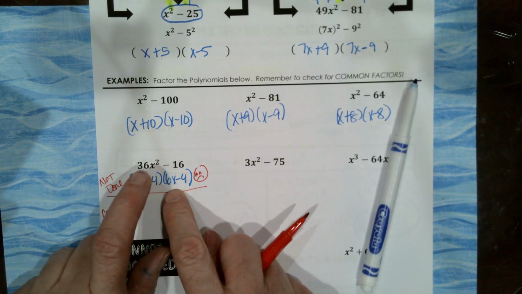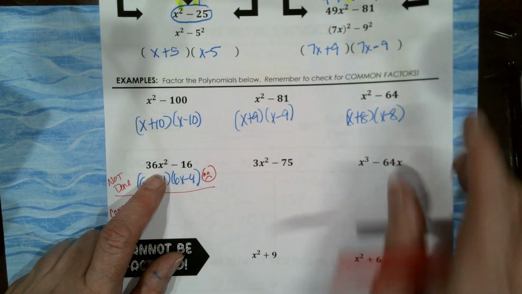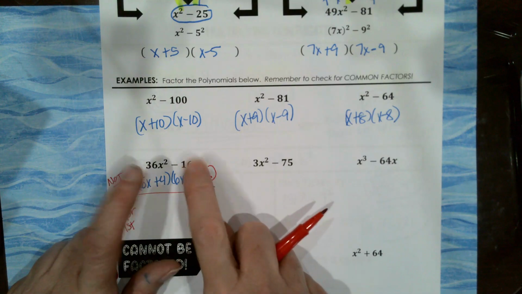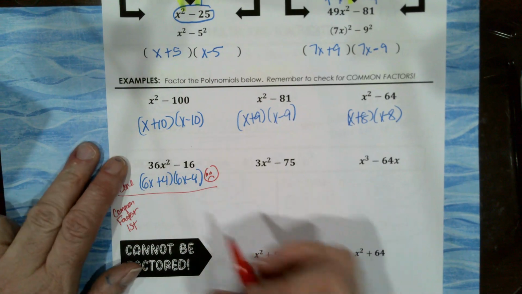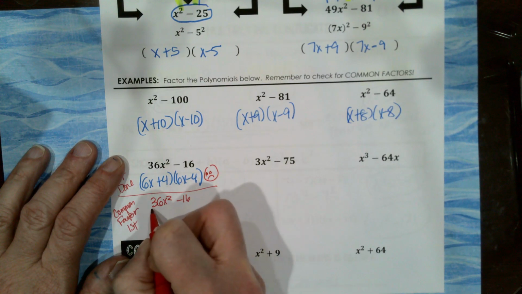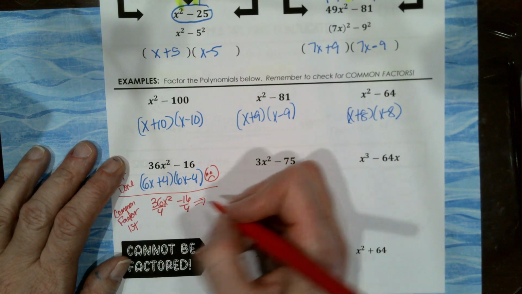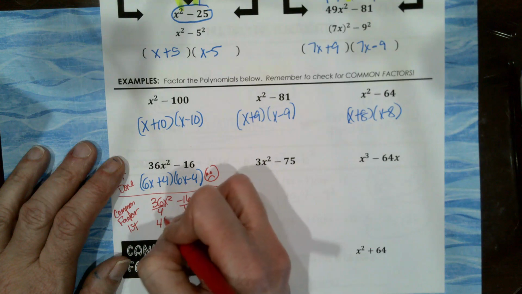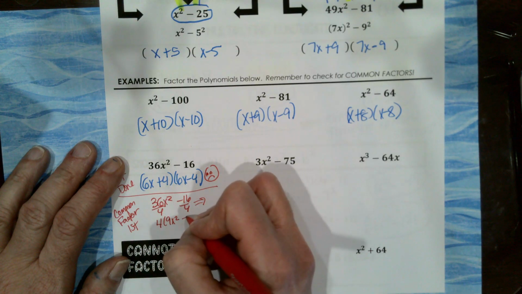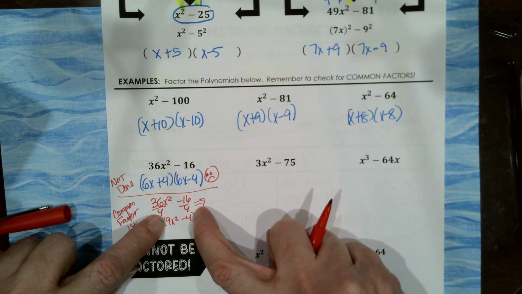All right, so I see 36 and 16 are both even. I know they divide by 2, but let's see if I can come up with a bigger number. I see they divide by 4. So let me try that. 36x squared minus 16, divide them both by 4. I'm running out of room. 4 times 9x squared minus 4. Now I have smaller perfect squares.